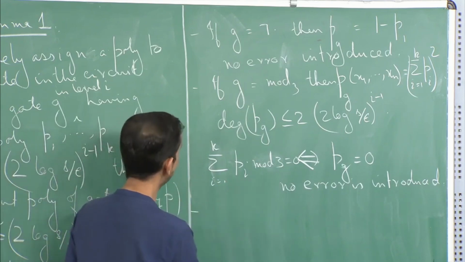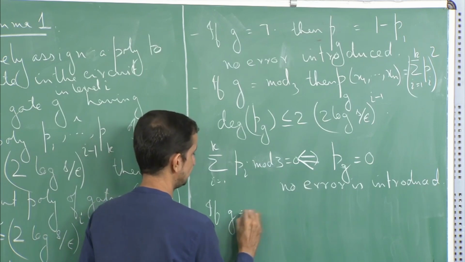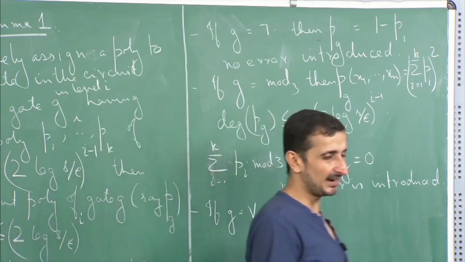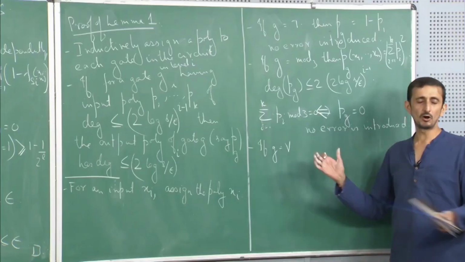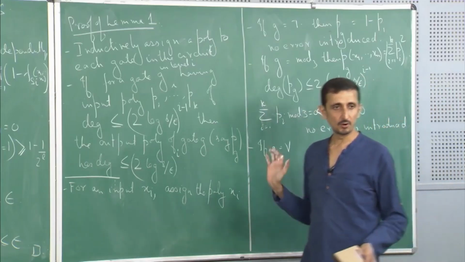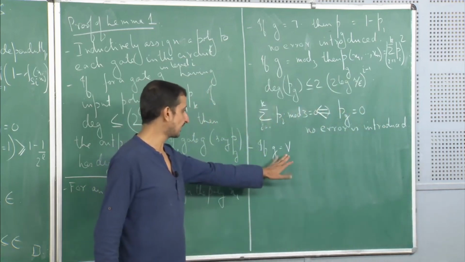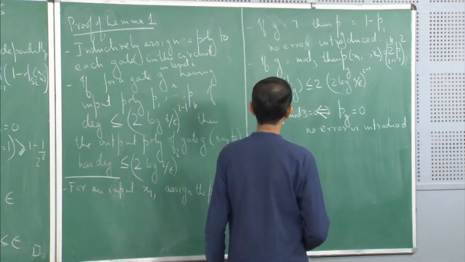Now, we come to the most interesting case, which is the OR gate. So, if G is an unbounded OR, we do not need to consider the AND gate, because it can be shown in two ways. One is we can remove all AND gates using De Morgan's law. The second way is that even if we have an AND gate, the proof for AND and OR is very similar, so one can imitate it.